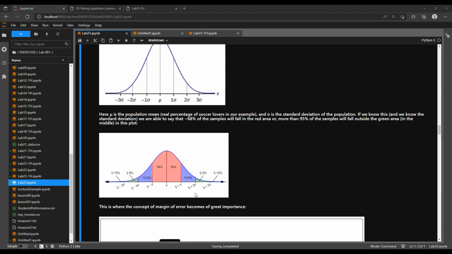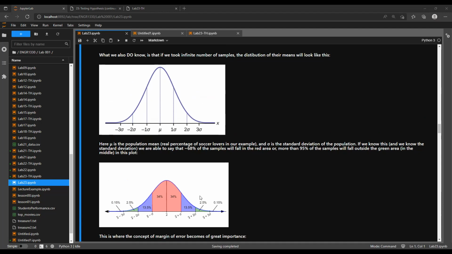So this, I suppose before I move on to margin of error, any questions about this stuff so far? So does that mean it makes sense to everybody?